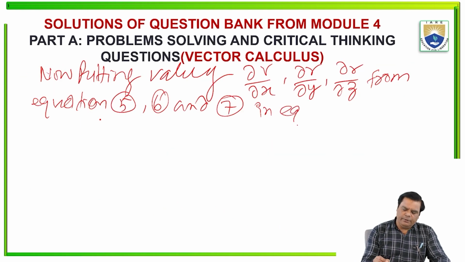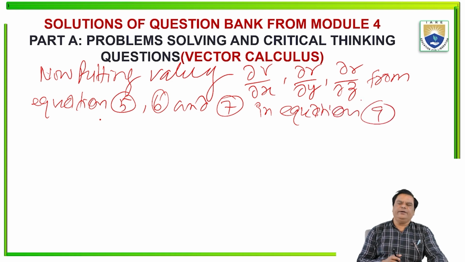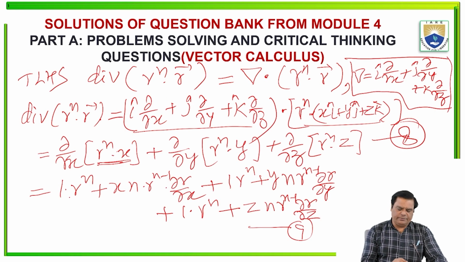Equation 9 is this: differentiation of x is 1, r^n is constant, and differentiation of r^n is n r^(n-1) ∂r/∂x.